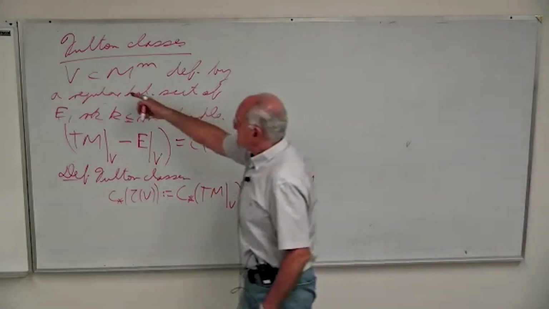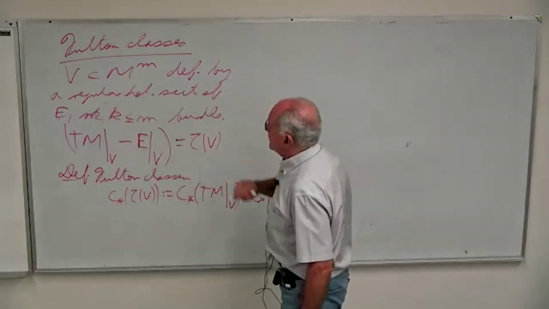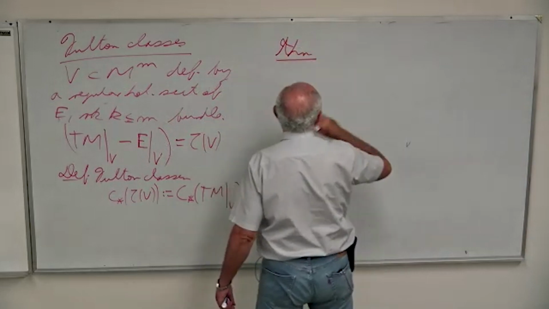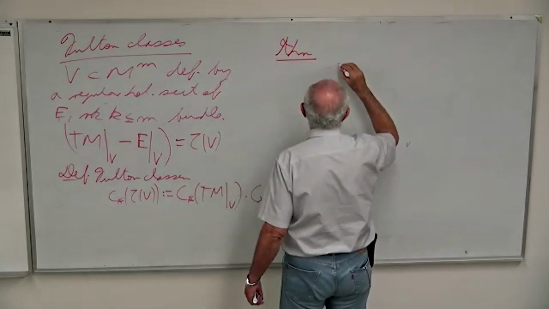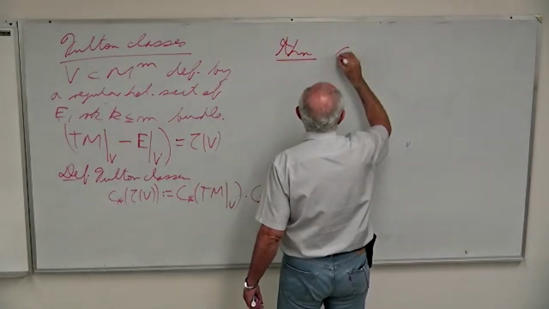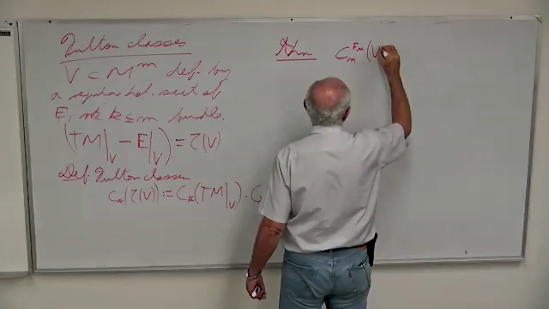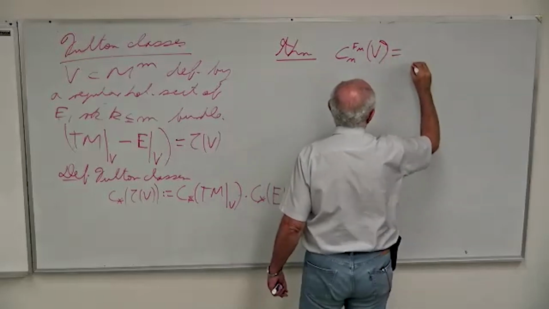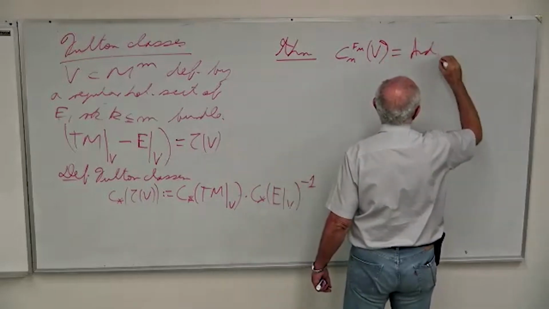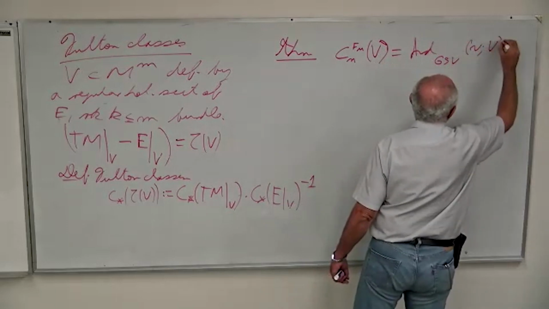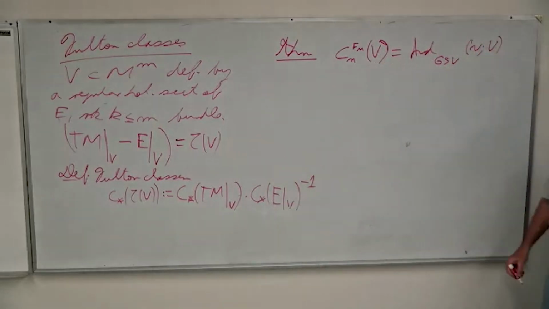Now, in this context, one has the following theorem. The n-dimensional Fulton class of V is the total Gsb index of a vector field on V. Okay?